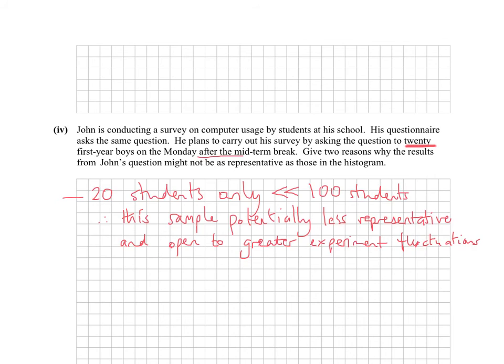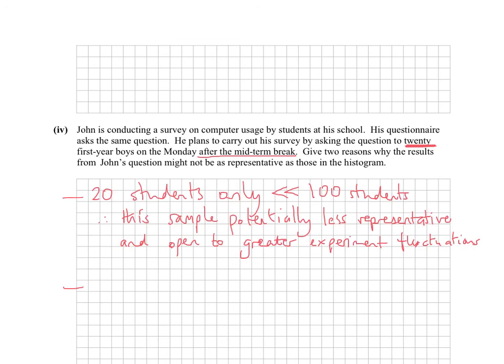The second issue is we're asking straight after the midterm break. If you're asking how much social networking they do each week, the previous week was a slightly abnormal week in the sense that they were not at school, with greater access to technology and greater access without rules to social networking sites.